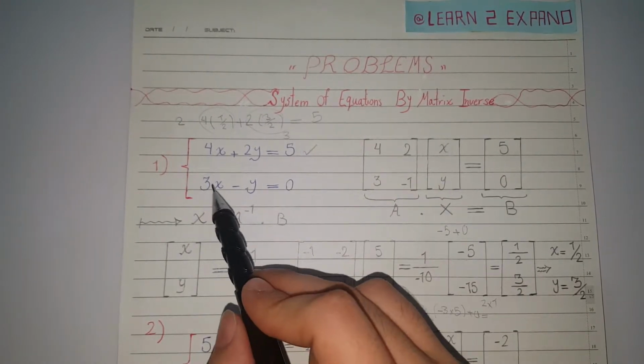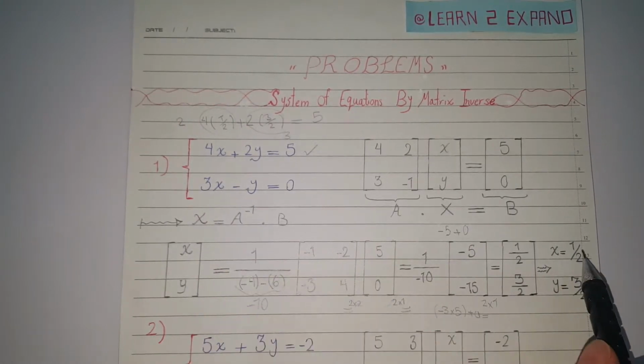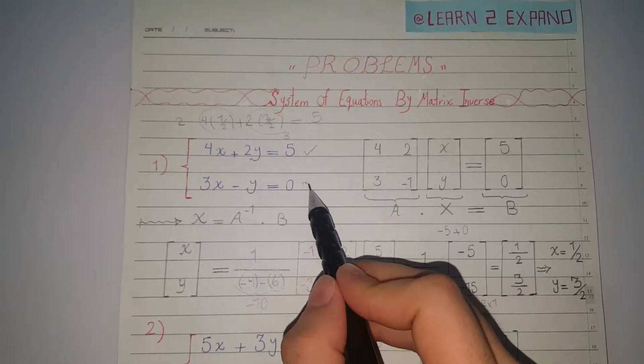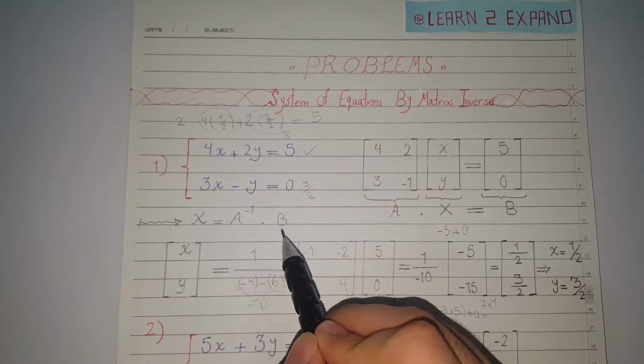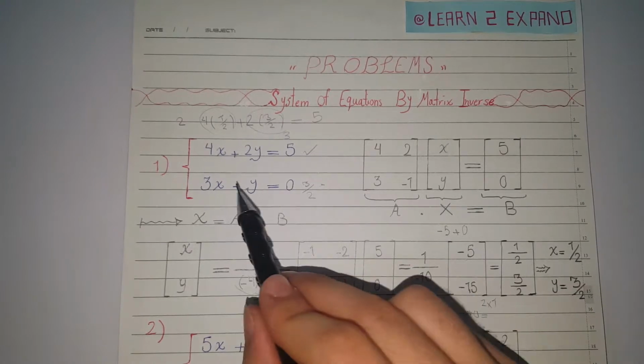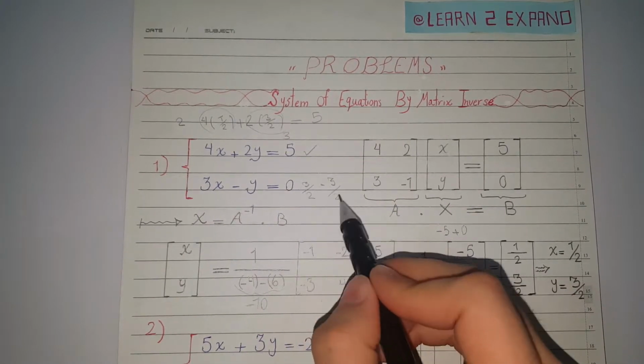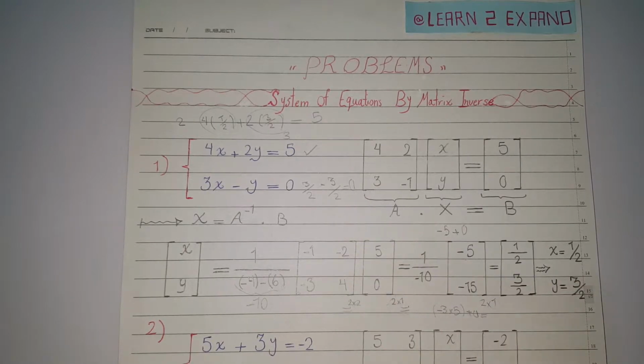In the second equation we have 3 times 1 over 2, which is 3 over 2, minus the variable y, which is 3 over 2. This is going to be 0, of course.